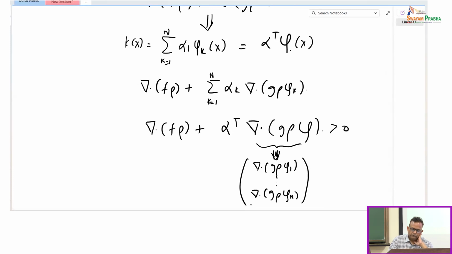Okay. Now this is the finite dimensional inequality to find alpha.